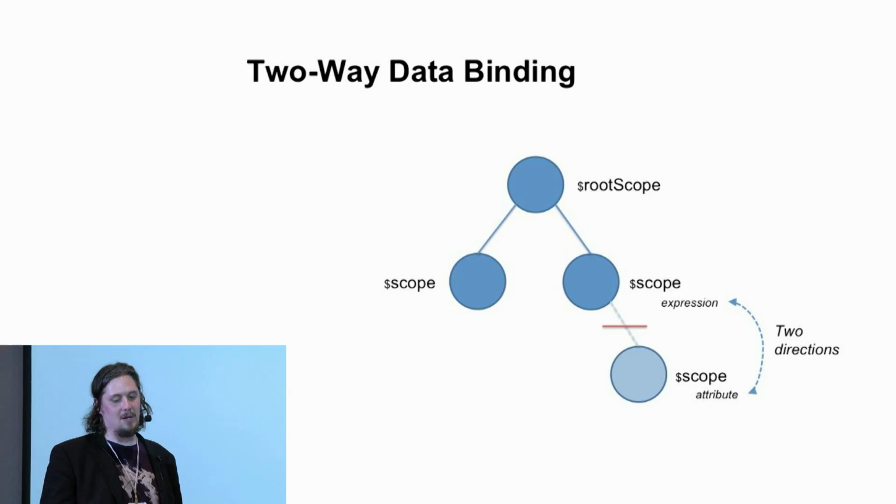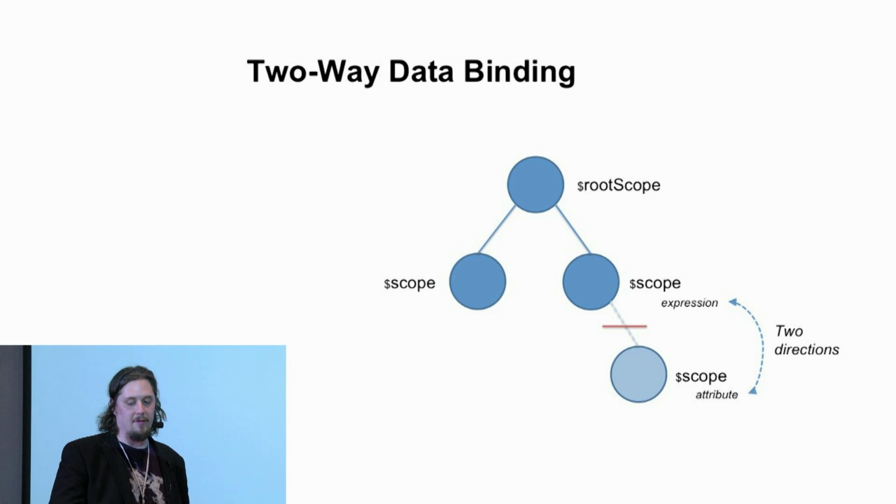But there's one more thing that we should think about, which is that if you've used these equal sign bindings in isolate scope, you'll know that they're actually so-called two-way bindings, something which, by the way, doesn't exist in Angular 2, but in Angular 1 we still have them.